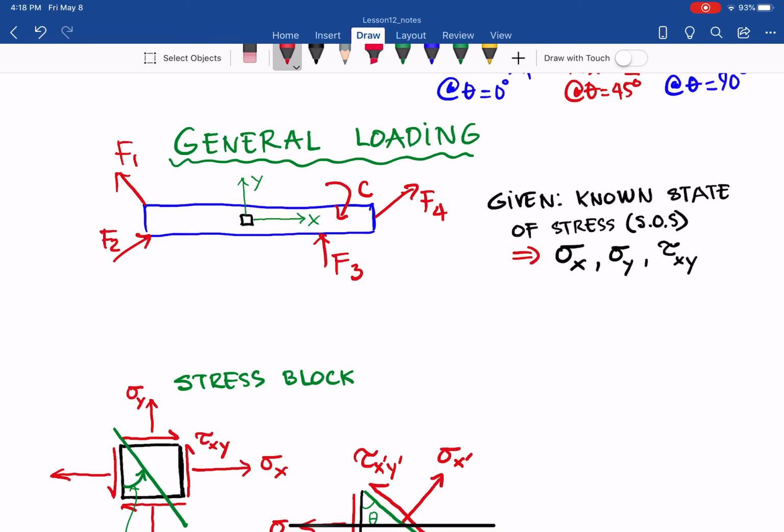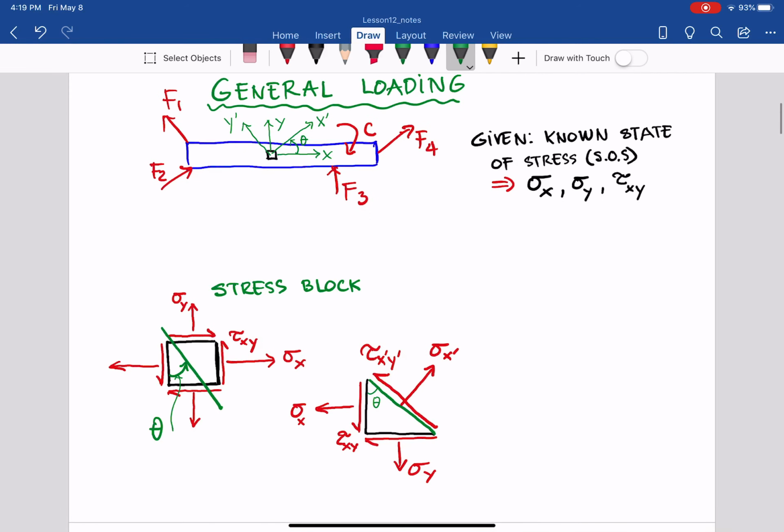We have the angle theta rotated, so we have x apostrophe at an angle theta from x, and then y apostrophe of course has to be orthogonal to x apostrophe. So we want to find out what is sigma x apostrophe, tau x apostrophe y apostrophe, and of course sigma y apostrophe.